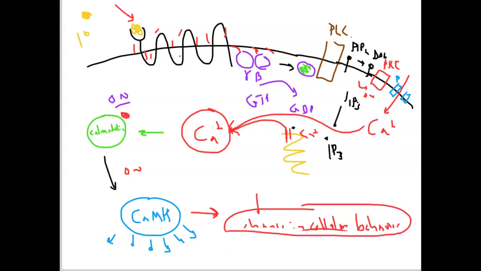So let's take a brief moment here to go through it again. A primary messenger binds to a receptor, a 7-transmembrane receptor at the cell membrane, and initiates a wave of motion. That wave of motion causes the alpha subunit of the G protein to let go of its inactive GDP and pick up GTP. That turns the G protein on.